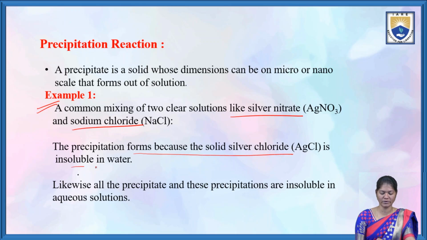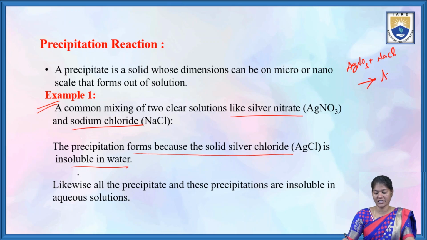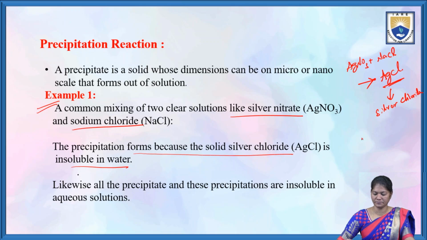is insoluble in water. After mixing AgNO3 plus NaCl, after the chemical reaction, we get AgCl, which is silver chloride.